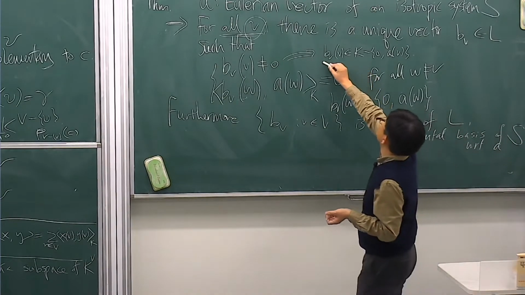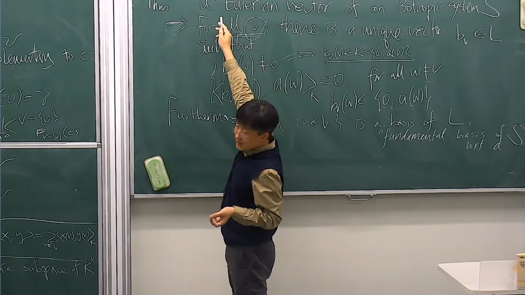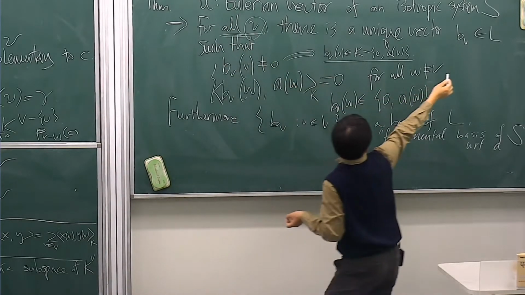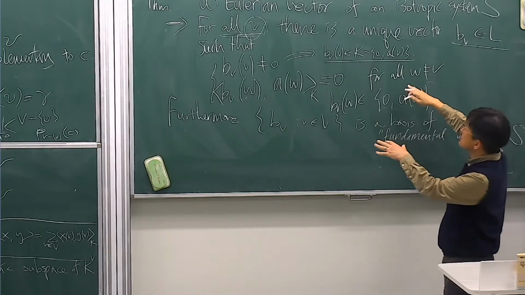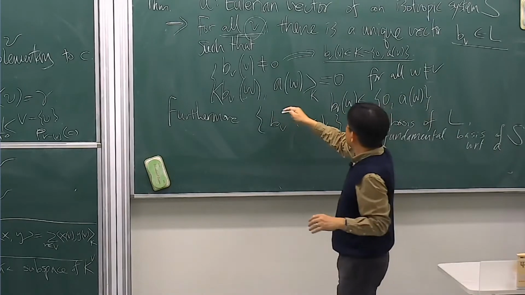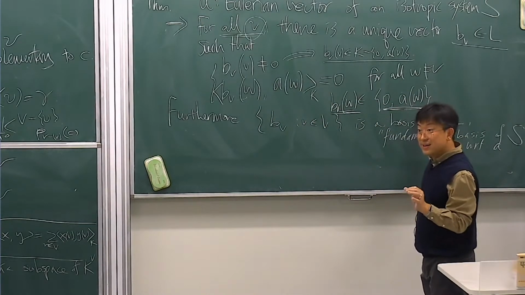Why does that imply that? The reason is A was Eulerian and B is in L. So far, if you look at these situations, all the coordinates are the same as the Eulerian vector.